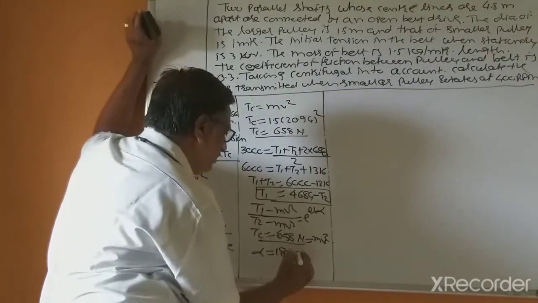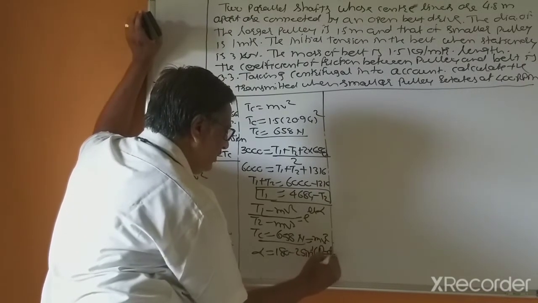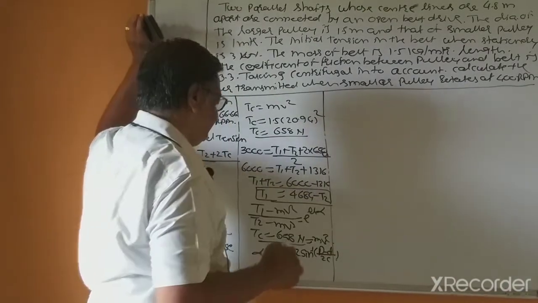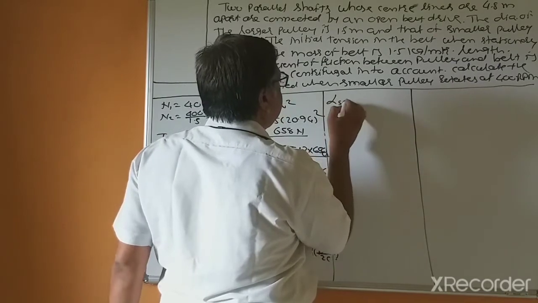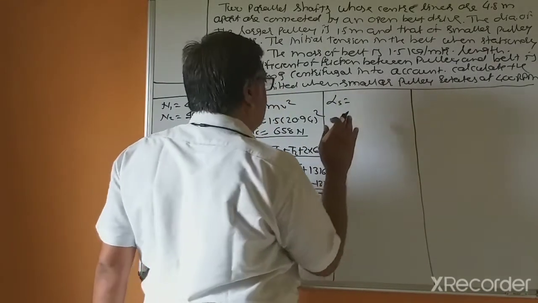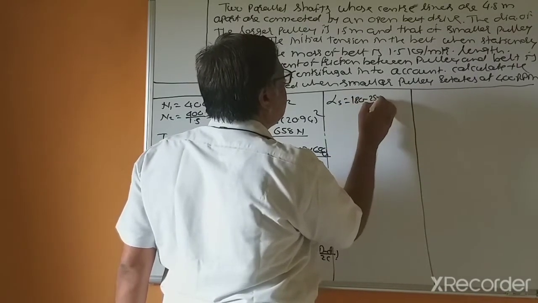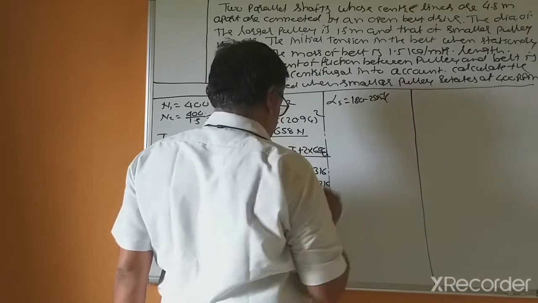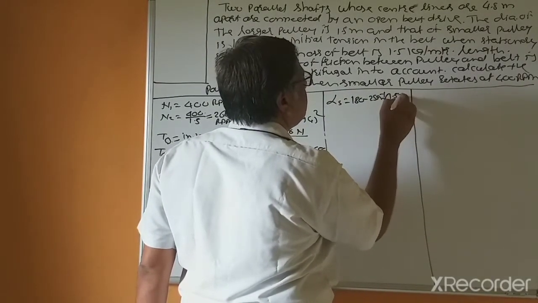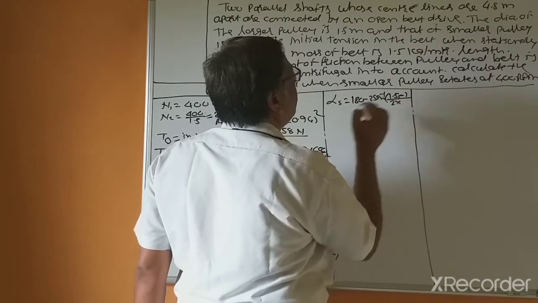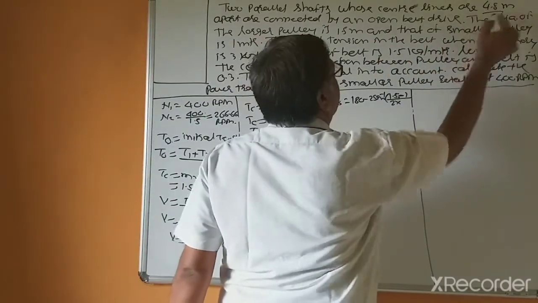So that's why alpha equal to (180 minus 2 sin inverse of (capital D minus small d) divided by 2c). Capital D equal to 1.5, minus 1, divided by center distance. How much center distance? This is 4.8.